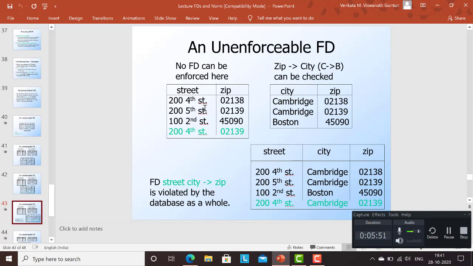That is the whole story of why FDs cannot be enforced. So go through this carefully, and if you have any doubts, let me know. The textbook also has another example, but essentially it's the same style of doing things.